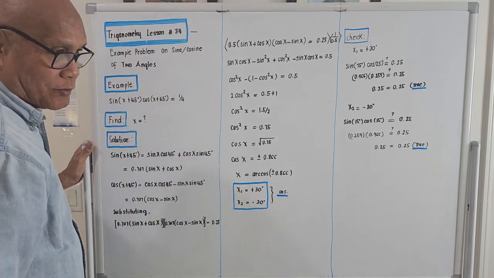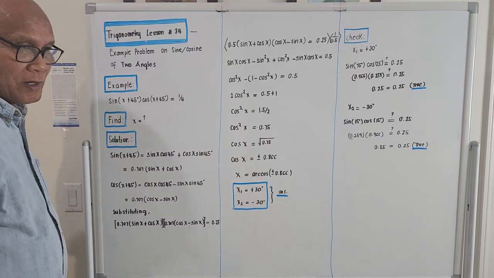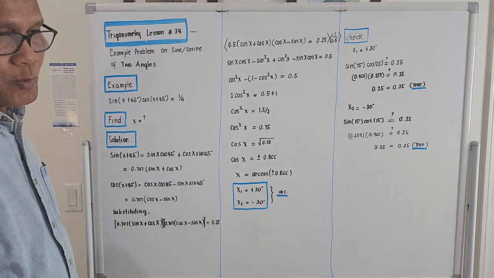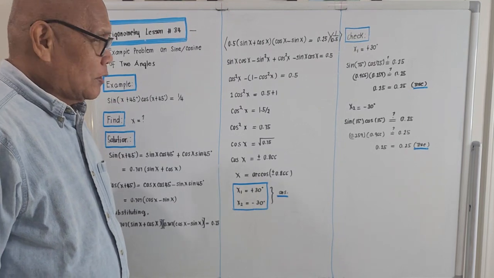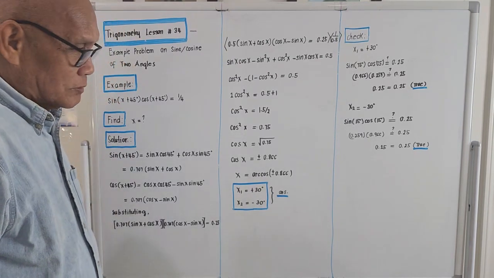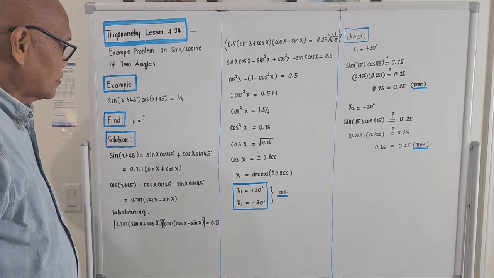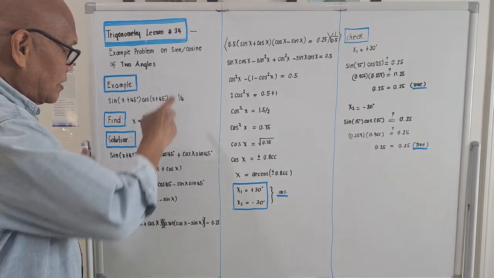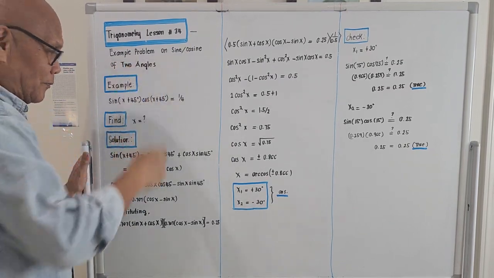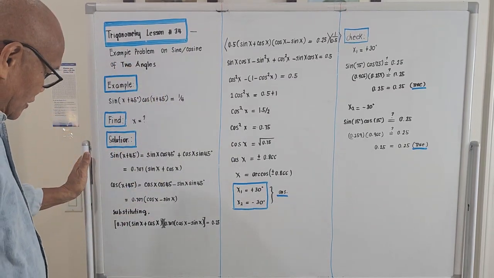The last time around, we used the so-called double angle formula, the sine and cosine of a double angle. So for this morning, I will be presenting another solution by using the other identities, that is sine and cosine of two angles. Okay, let's proceed.